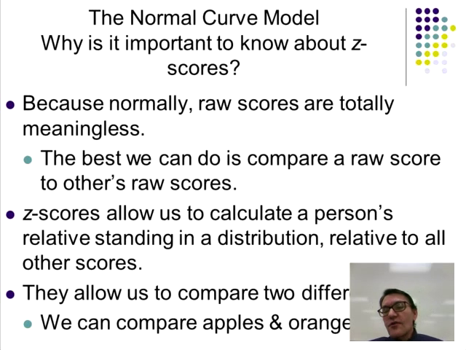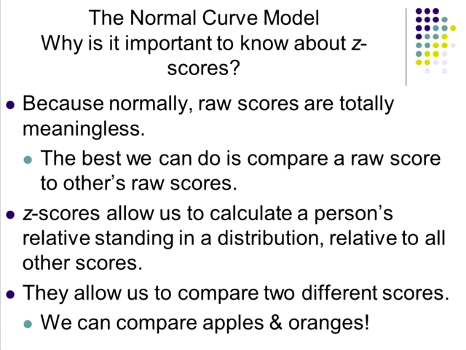But if I said my raw score is 79, you're like, so what? What is that? I don't get it. But without even having to deal with a frame of reference, a z-score of plus 1.6 tells me very many things. And with z-scores, you can compare different things. You can compare apples and oranges. Things that are radically different from each other can be compared using z-scores.